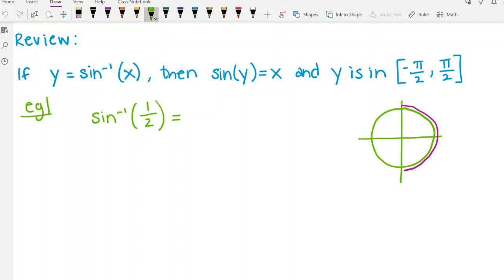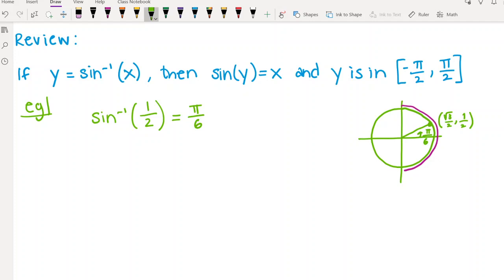Well, if we go to an angle of pi over 6, so an angle of pi over 6 has coordinates of square root of 3 over 2 and 1/2. And so because the y coordinate is 1/2, that's what tells us that sine of pi over 6 is 1/2. So inverse sine of 1/2 is equal to pi over 6.